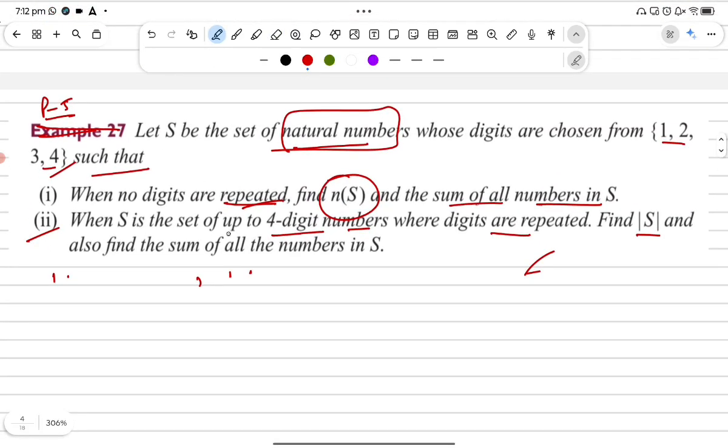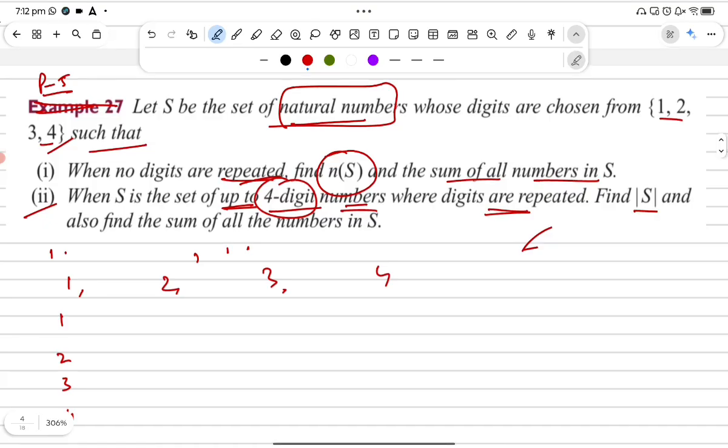So these are very important in combinatorics. When S is the set of up to 4 digit numbers, that means 1 is okay, 2 is okay, 3 is okay, 4 is okay as well. Digits can be repeated. This is what it says. So for 1 digit, 1, 2, 3, 4, there's no point of repetition here. For the 2 digits, 4 into 4 choices, 16.